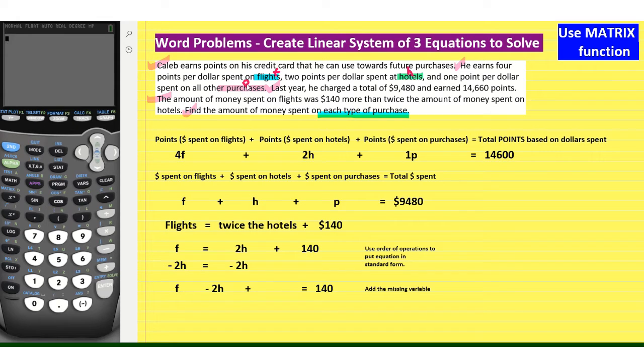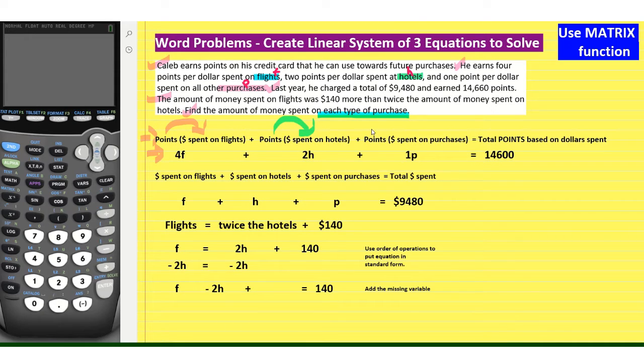P for purchases. So if you'll notice down here on the first line, I have started writing about the first couple of sentences. The points times the number of dollars spent on the flights will give me the amount of points that he earns for flights. And the point value times the dollars he spends on hotels will give me the total number of points that he will earn on hotel purchases.